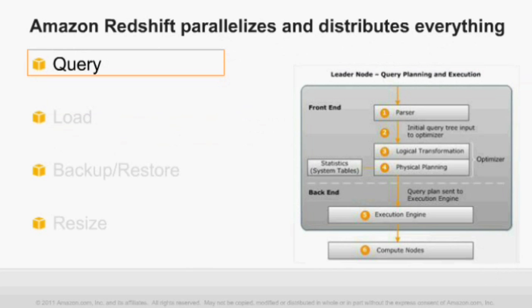And so you submit SQL statements to the leader node, and it turns those into an explain plan for the optimizer, and the optimizer generates a query plan that uses statistics stored in the system tables on how the data is physically laid out on all the compute nodes. Then the execution engine turns that plan into compiled C++ code, and that code gets distributed to each of those compute nodes in parallel.